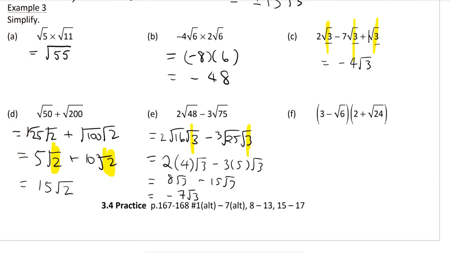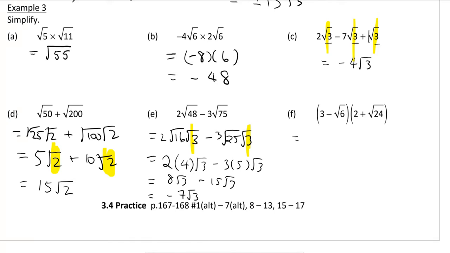Okay, and last but not least, we have a question where a FOIL is going to happen. You've got a binomial multiplied by another binomial. Now, the square root of 24, I am first going to break into a mixed radical, and I'm not going to multiply them yet.